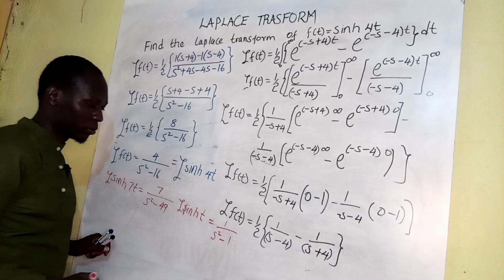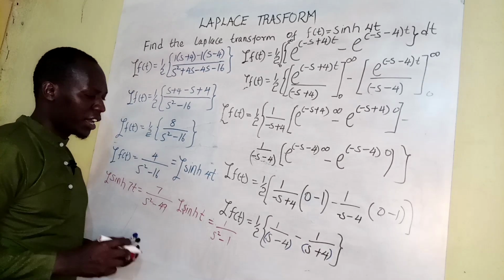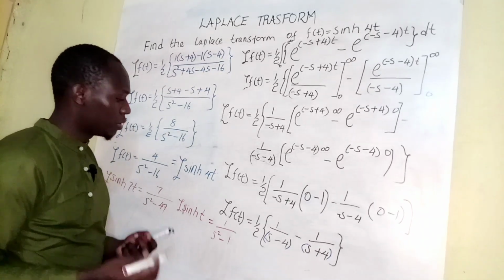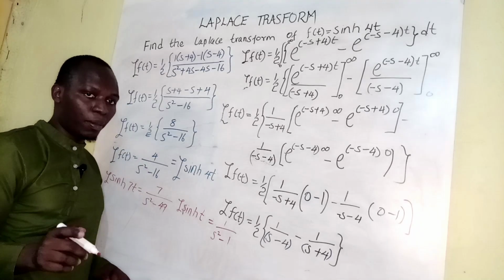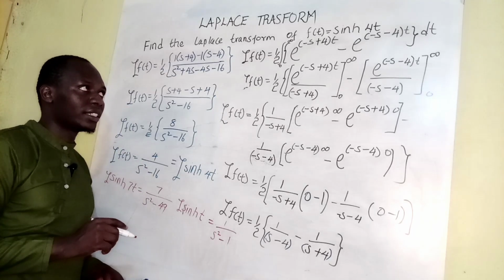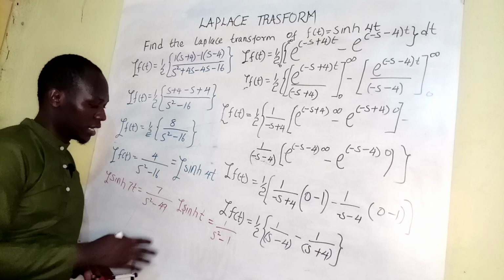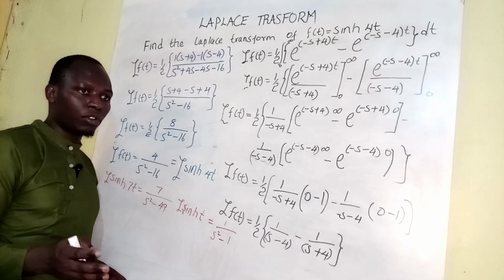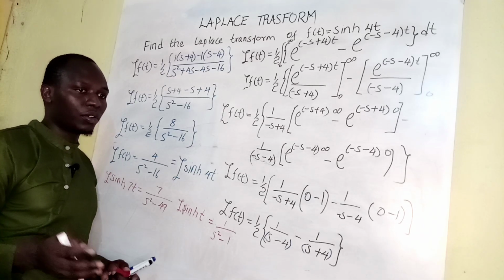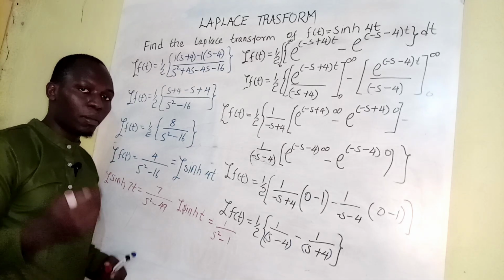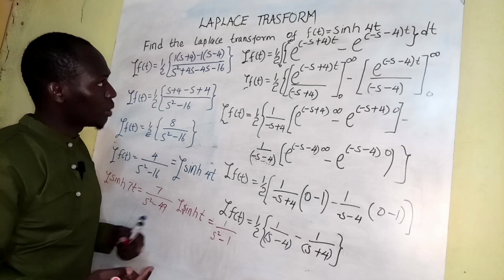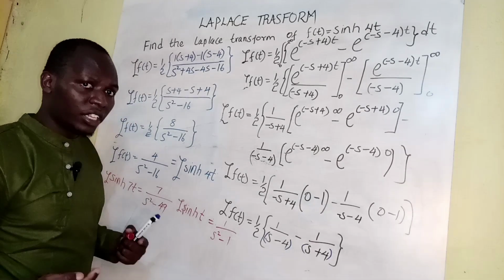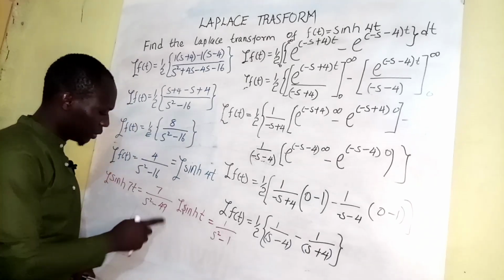And you need to understand now the difference between sine hyperbolic and sine. Sine hyperbolic is for the hyperbolic function, the trigonometric hyperbolic function. But for sine, for example, you are working out and you are having a problem in your answer.